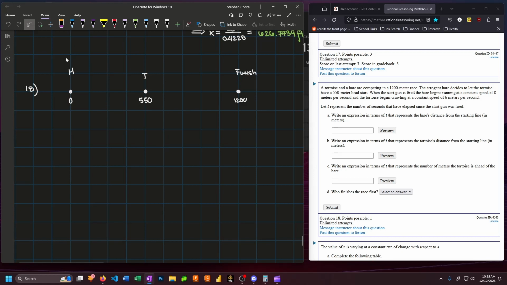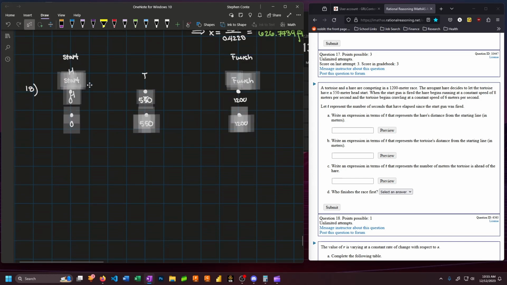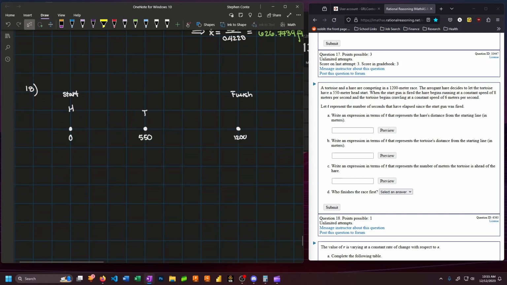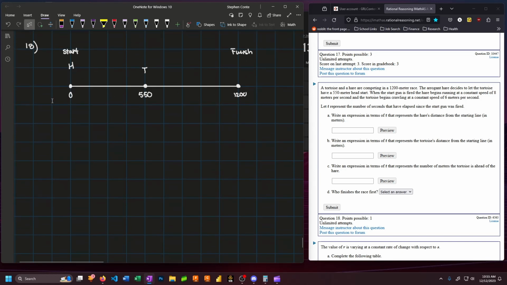And this is the start. Obviously this is a straight line. Doesn't have to be a straight line, but we're just saying this is the distance of the race, and these are the positions relative to the distance of the race.